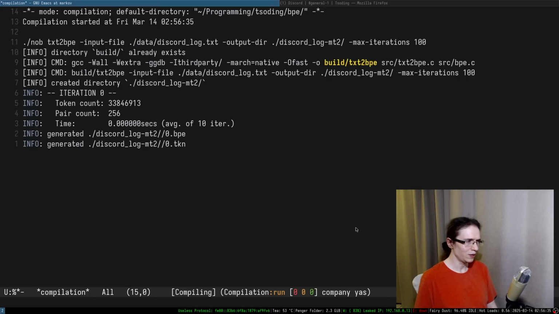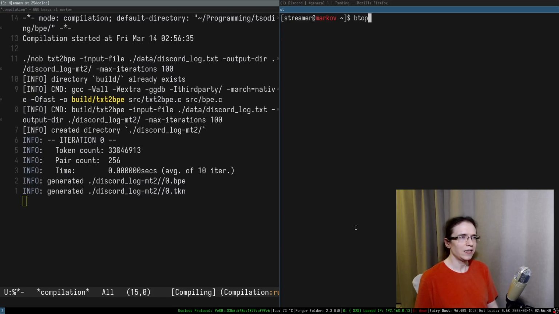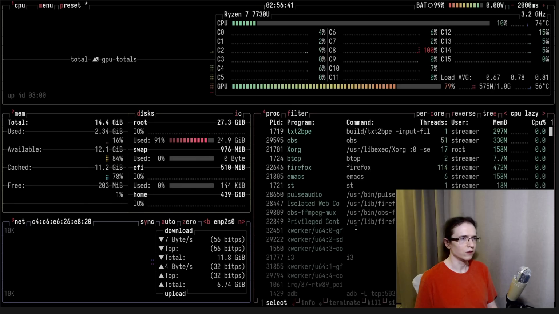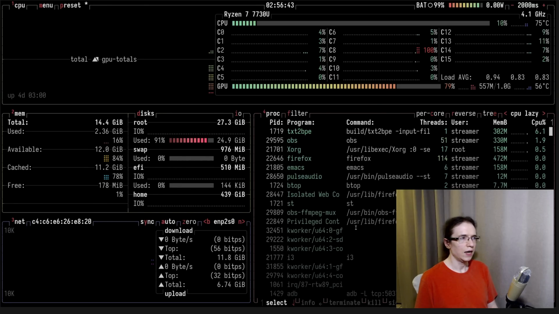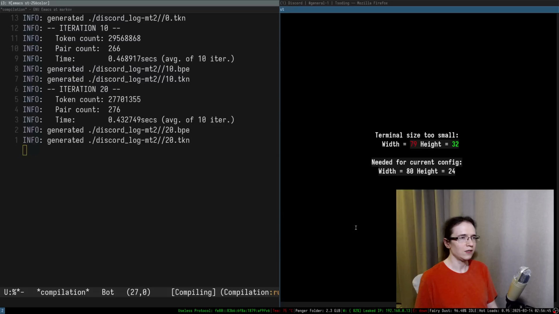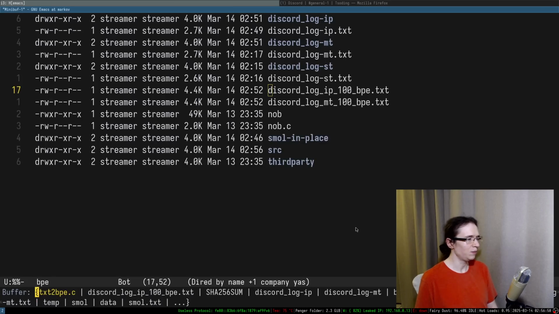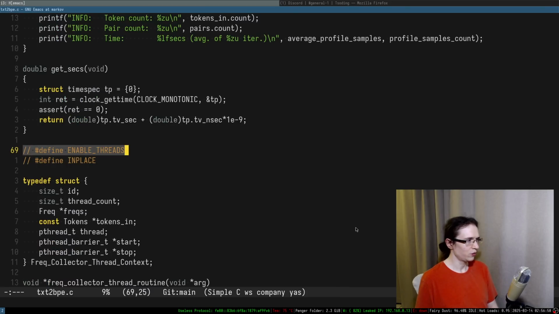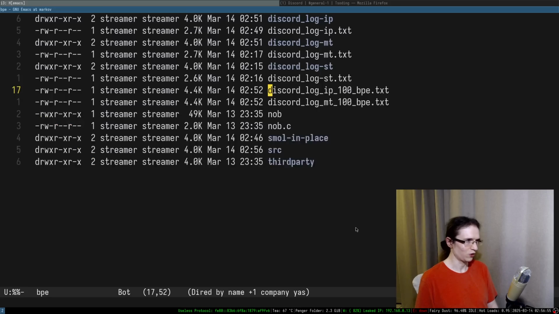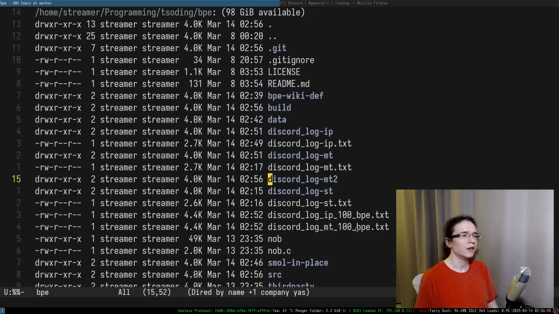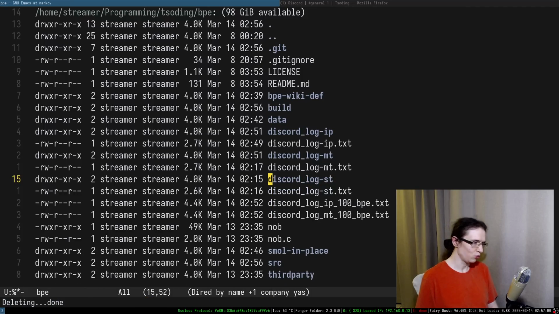I think I did, because it's slow. This is a single-threaded algorithm, so let's kill this, because I disabled threading. Let's quickly enable threads, and I'm going to do MT2.